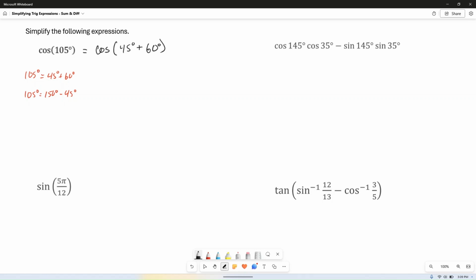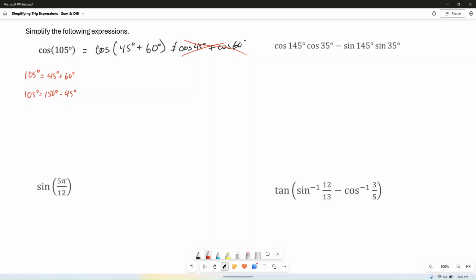So this is not the cosine of 45 degrees plus the cosine of 60 degrees. That's not what we're doing. I've just taken that 105 and broken it apart as the sum of two values, the 45 and the 60. It's still within the same cosine.